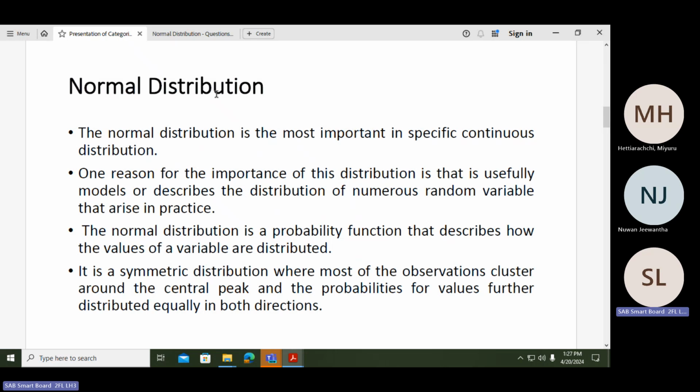The normal distribution is a probability function that describes how the values of a variable are distributed. The normal distribution is symmetric. What is the meaning of symmetric?